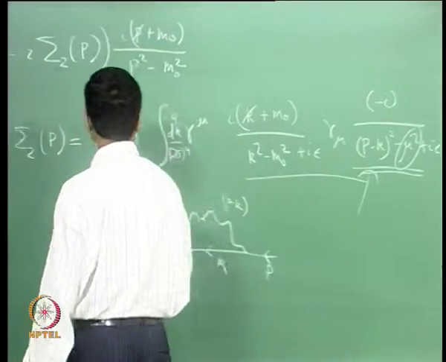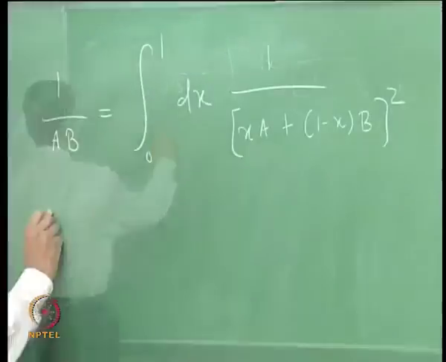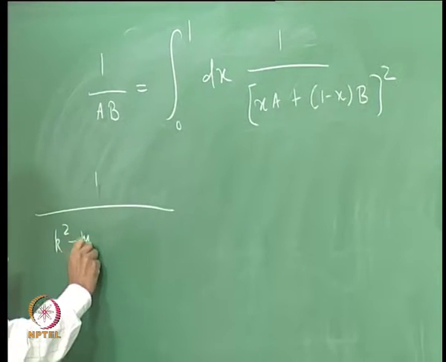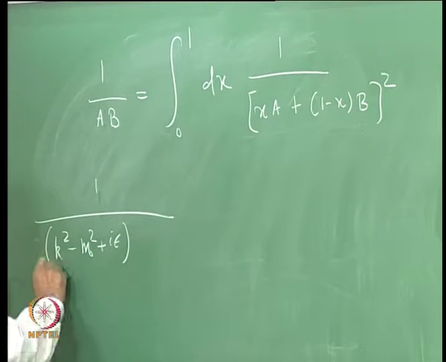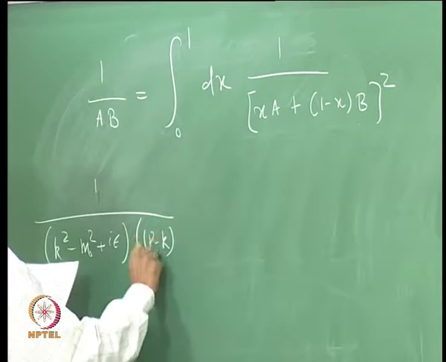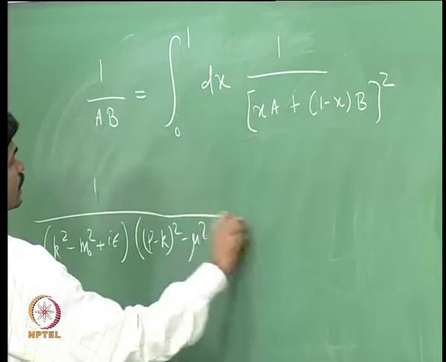So I am interested in writing the quantity 1 over (k square minus m0 square plus i epsilon) times ((p minus k) square minus mu square plus i epsilon) in this form.